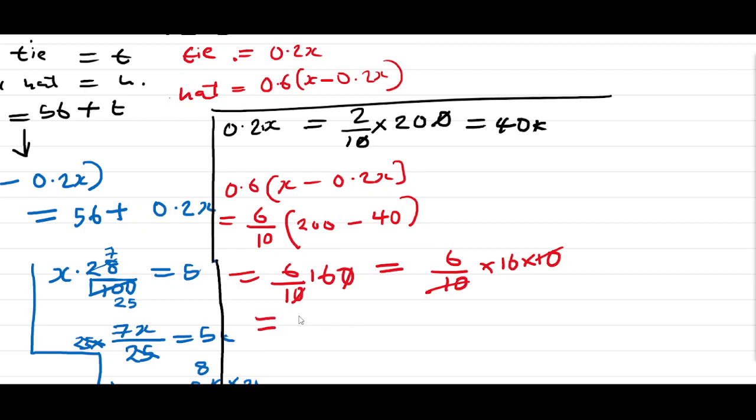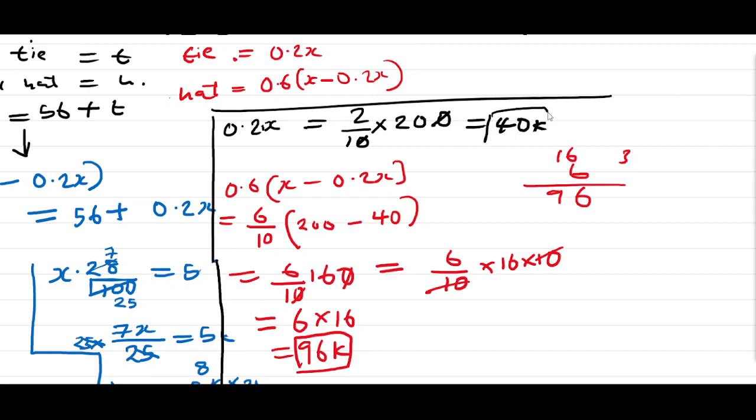So this is equal to 6 times 16, and of course 6 times 6, 6 carry 3, this 6 plus 3 is 9, so this is 96 kobo. So he spent 96 kobo here, and here he spent 40 kobo.